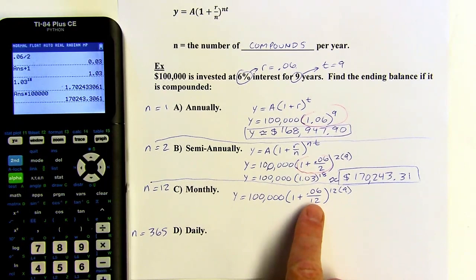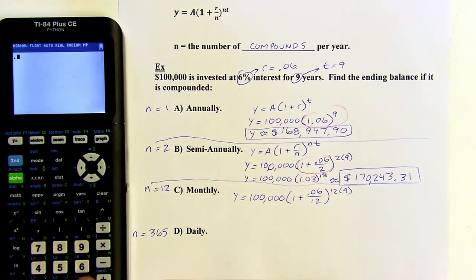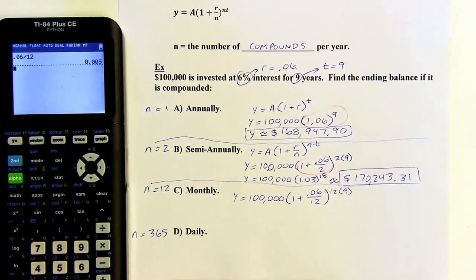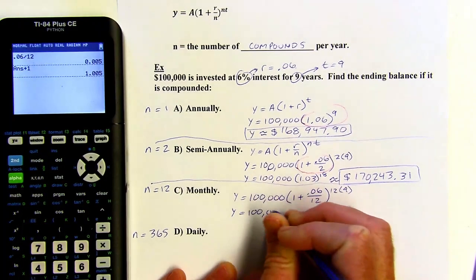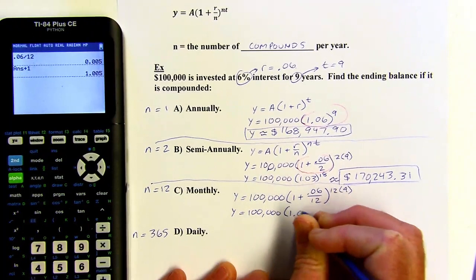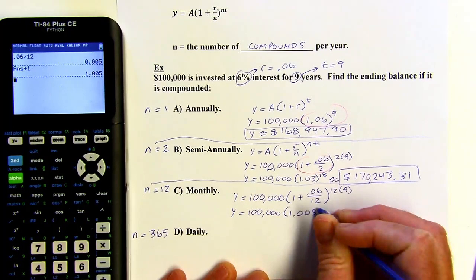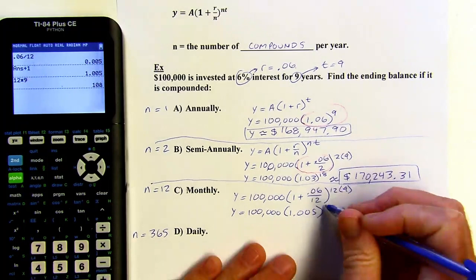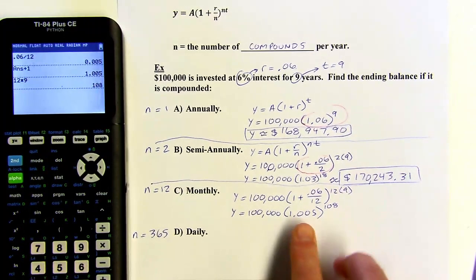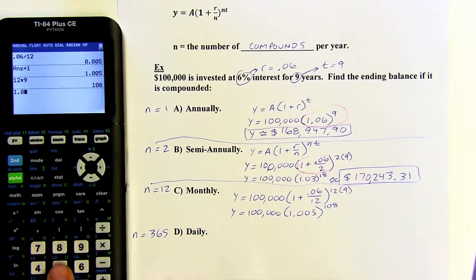I kind of start with that fraction and work my way out. So 0.06 divided by 12 plus 1. So 1.005. Okay, and then let's figure out what 12 times 9 is. Here we go, it's 108. All right, and so now I'm going to do the exponent, 1.005 to the 108th.